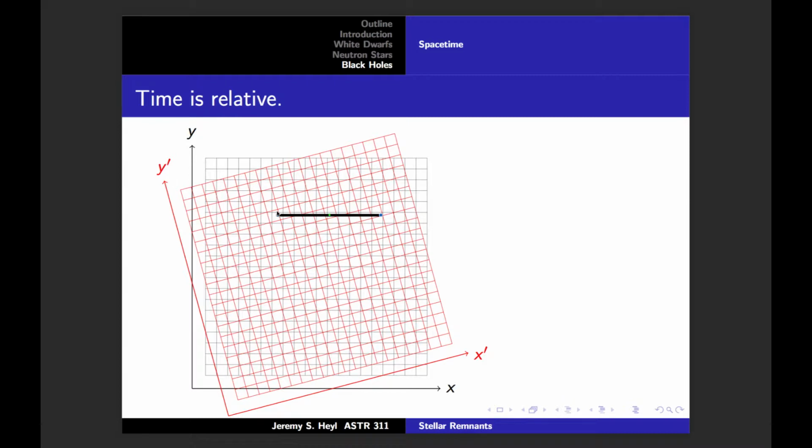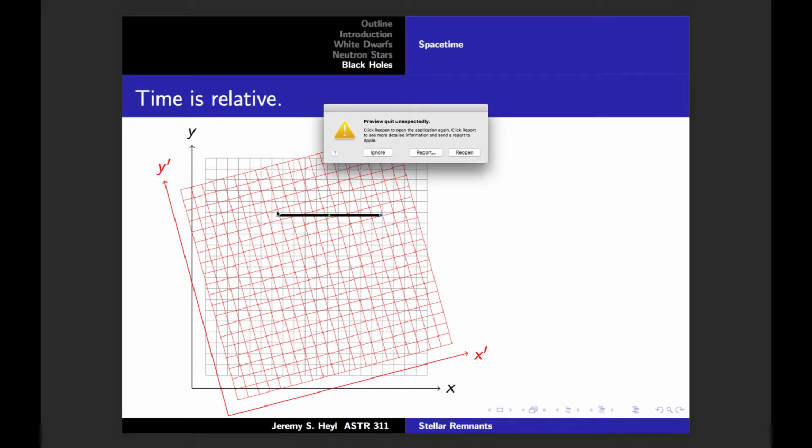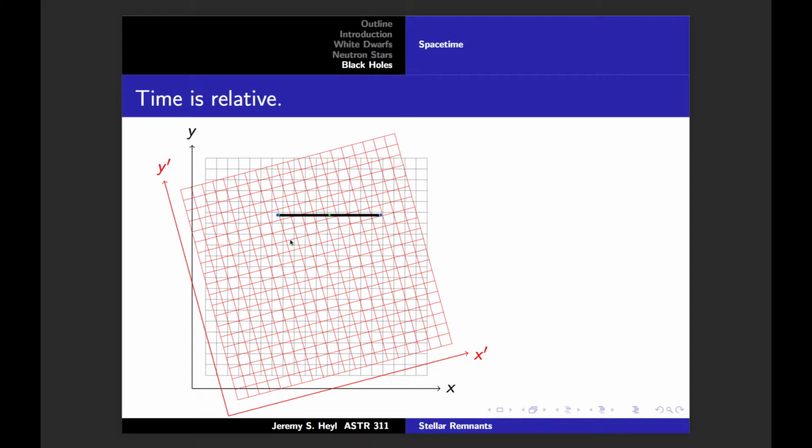And on the red graph paper, it's weird, right? So it goes across. We have to figure it out. So if I look on the red graph paper, it went across this way: 1, 2, 3, 4, 5, 6, 7, maybe that's 8, plus 3 in the other, 2.5. But it looks like it's a different length, but it's the same line.